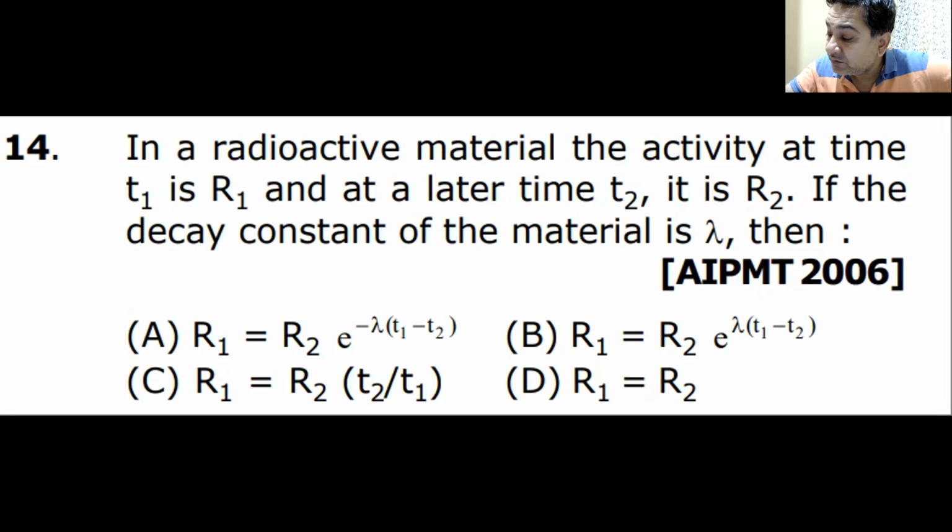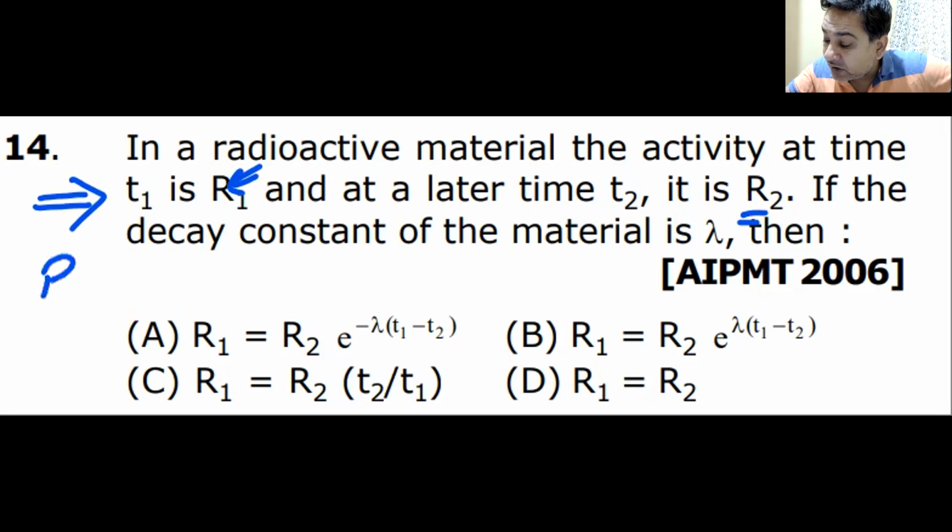This is time T1, and this activity is R1. So this becomes my initial time. Do we understand this? Yes, sir. And this activity becomes my final activity. So I have a relation between initial activity and final activity.